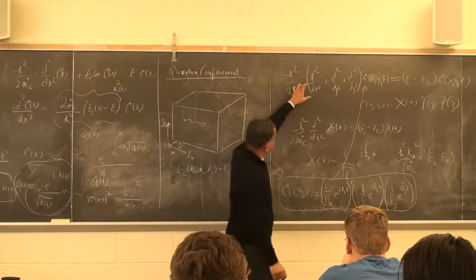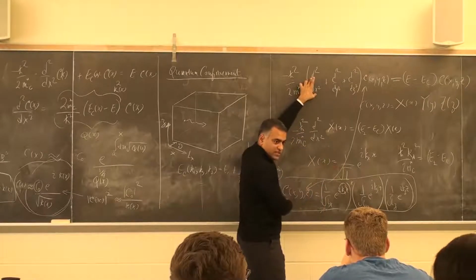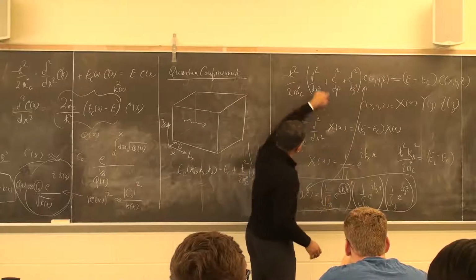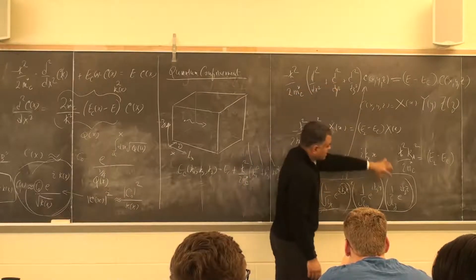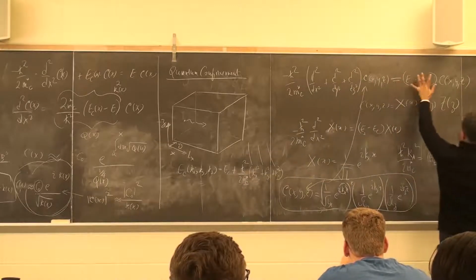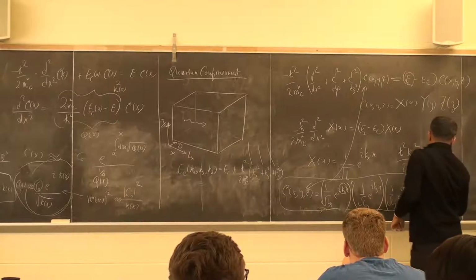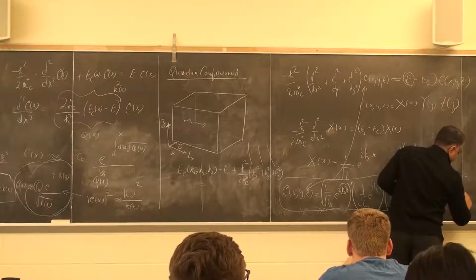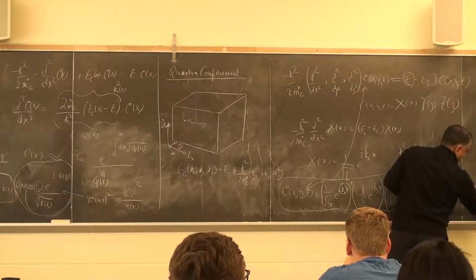Because each of these d2 dx squared is going to pull out i times kx squared to the front. So I get an i kx squared from this term, an i ky squared from this term, an i kz squared from this term, and I get my energy, which is the unknown kinetic energy, from here. And what will be the energy? It will be EC plus h bar squared over 2m star c times kx squared plus ky squared plus kz squared.